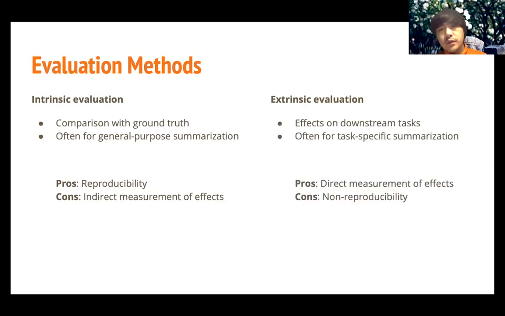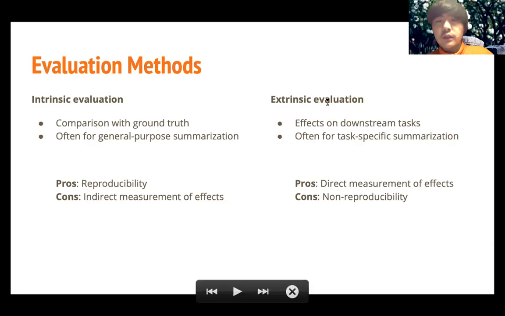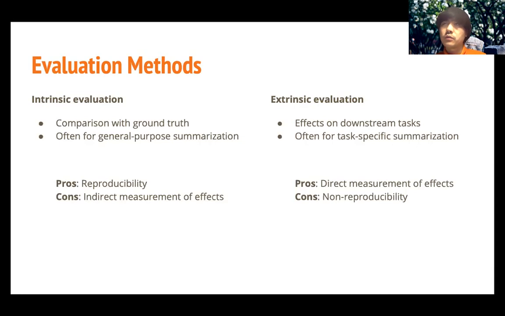So there is also extrinsic evaluation. It's completely the opposite. In extrinsic evaluation, we need some task, and we directly apply the summaries to this task, for example, to help human users to complete tasks more efficiently. And then we observe whether human efficiency is improved in such downstream tasks.